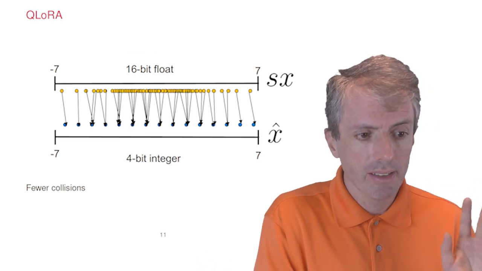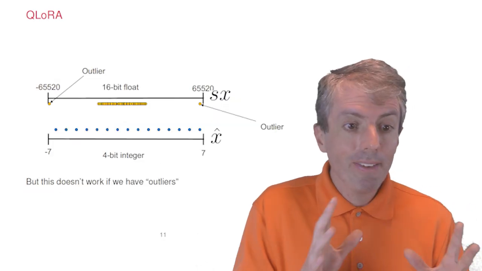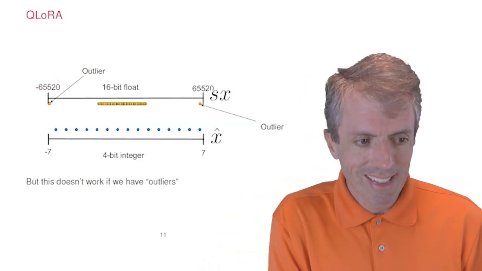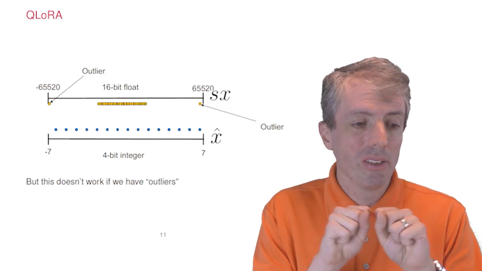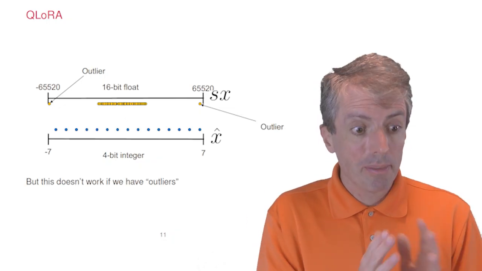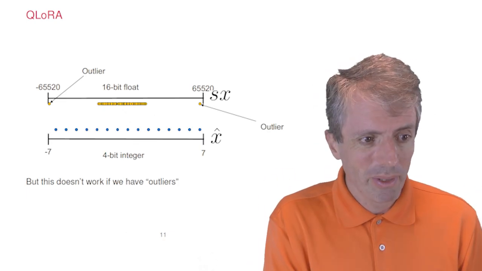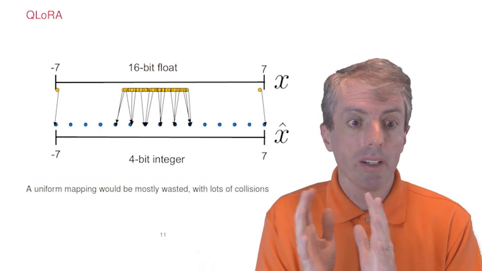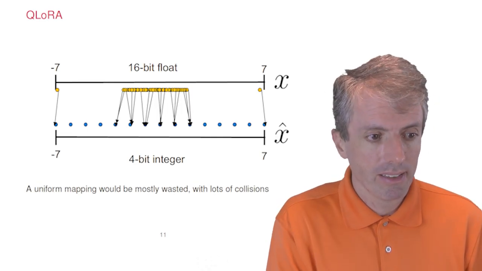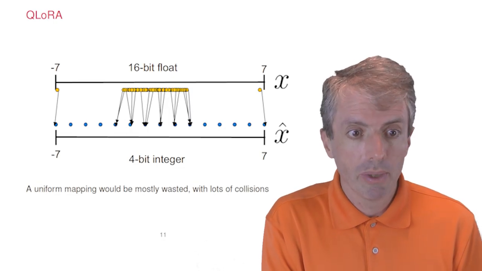We already talked about quantization generally, but what's different about adapters? Oftentimes there are outliers and we need to represent them. We don't want to use all of our integers for this. We should have a budget. If we expanded our range out to encompass them, this wouldn't work very well because we'd have a bunch of collisions where we actually need higher fidelity to represent the meat of the distribution over the matrices that we need to represent.